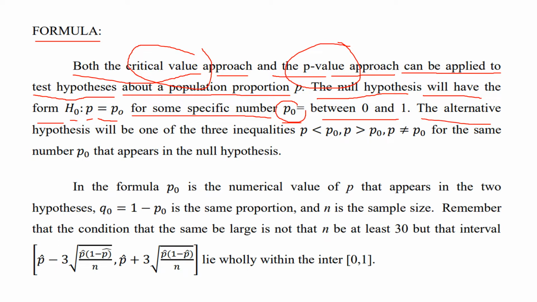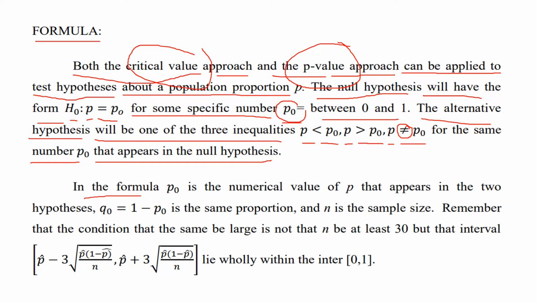The alternative hypothesis will be one of the three inequalities: p is less than p sub 0, p is greater than p sub 0, and p is not equal to p sub 0. We use this last symbol if there is no keyword mentioned in the problem, like greater than or less than. It uses the same number p sub 0 that appears in the null hypothesis.